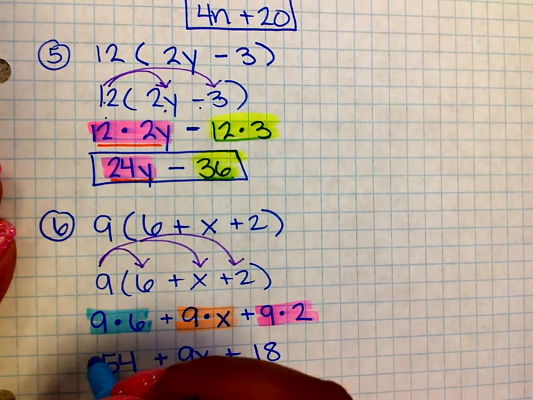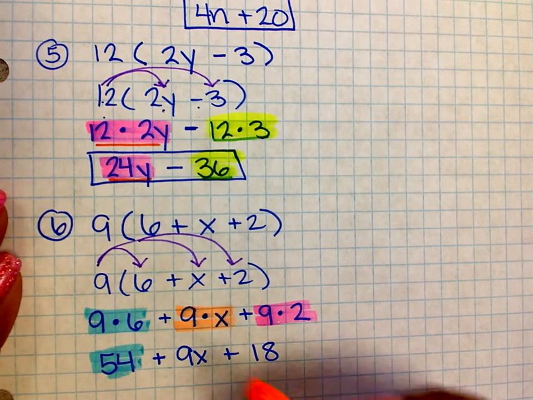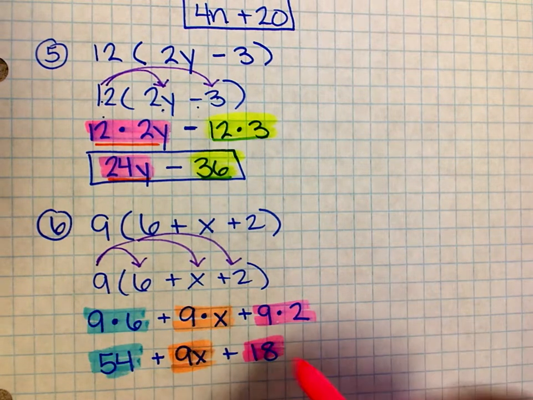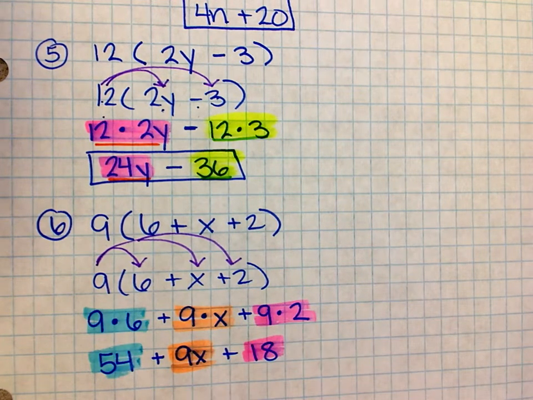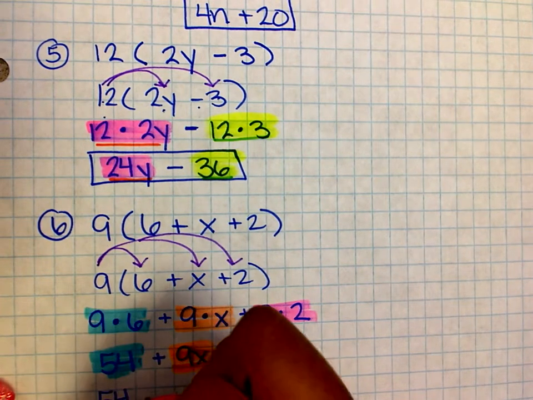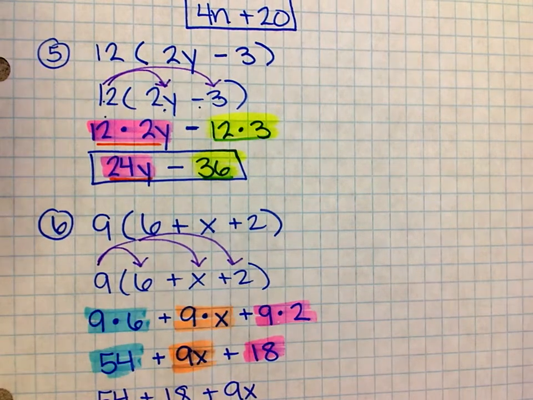Now, once you get here, you have to see if there are like terms. There are like terms. You can add 54 and 18. Exactly. So I'm going to rewrite the problem. 54 plus 18 plus 9x. This is why I use color.